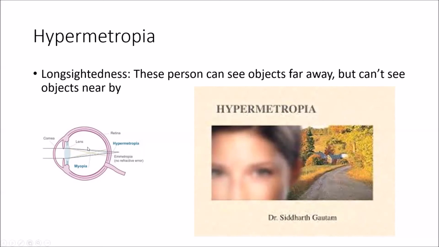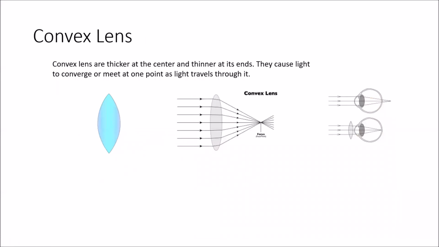But for the eye, that's not helpful, because the light is not going to be focused on the retina. So that's why someone who is long-sighted can only see objects far away. They can't see objects that are too close to them. Okay, and in order to fix that, they are going to need a convex lens. Now, a convex lens is going to be thinner at the ends and thicker at the center.